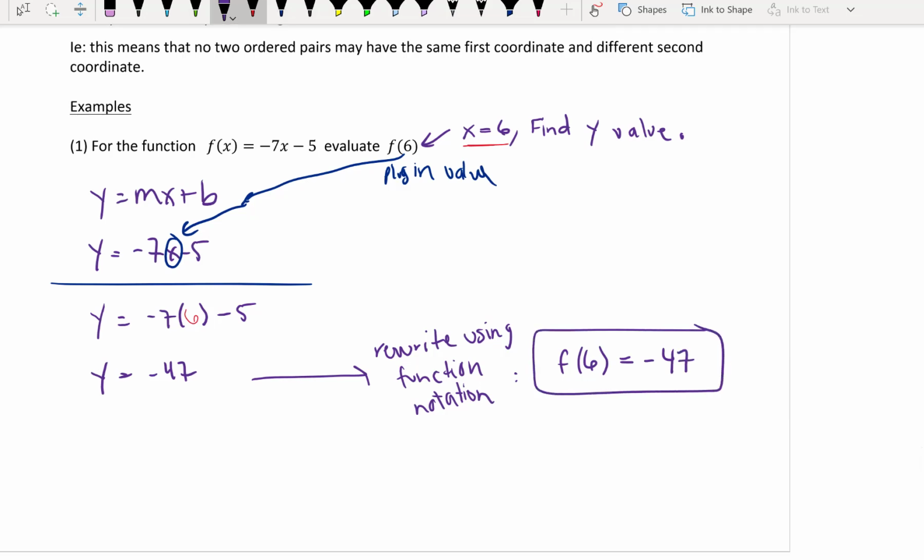If you're wondering what this really means, it says when x is equal to 6, you figured out that y was equal to negative 47. So you figured out the ordered pair (6, negative 47) as a solution to this equation because they had given you the x value.